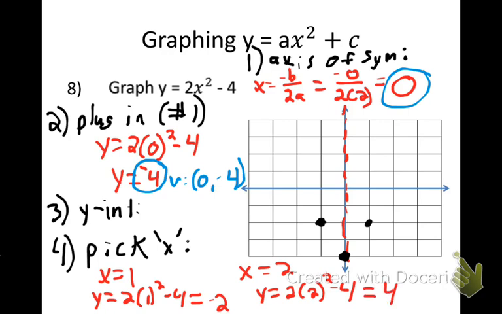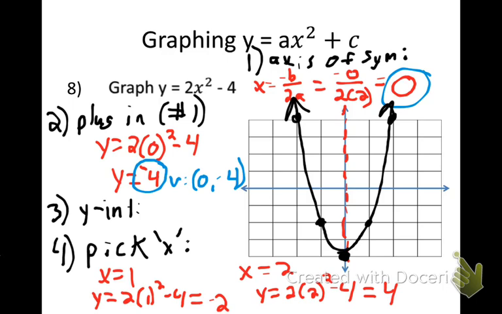So I get the coordinate 2, 4. There is my graph right there. Kind of a steeper parabola.